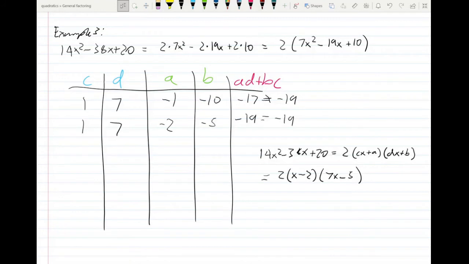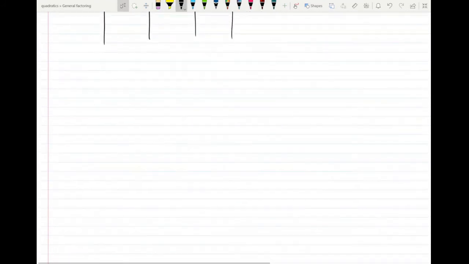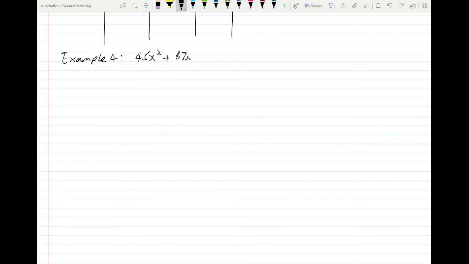Okay, let's do one last example. We'll do 45x squared plus 87x minus 42, which, if we try and pull out the biggest constant we can, allows us to pull out 3.